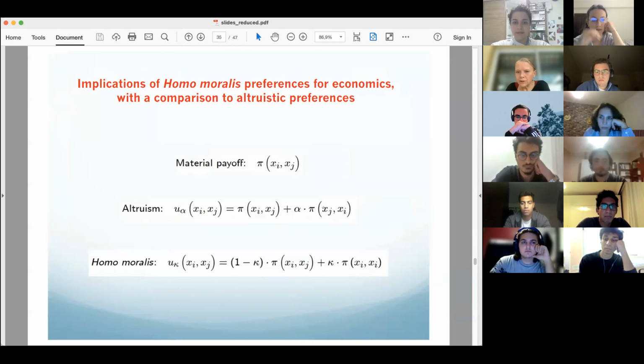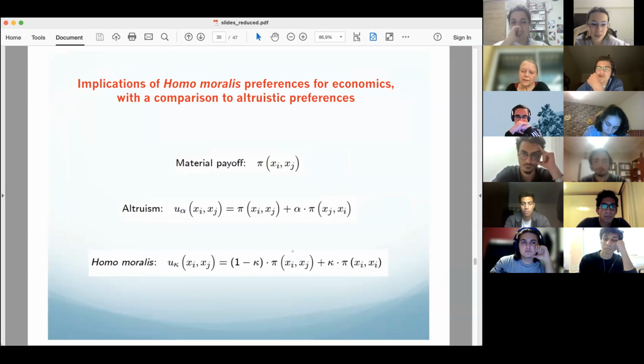So you see here, xj is the other's actual strategy. So it's altruistic in the sense that it really takes into account the effect on the other's material payoff. So it's consequentialistic. A key difference between these two utility functions is that these altruistic preferences are consequentialistic, right? So the individual evaluates what is the consequence of his or her behavior on the other.